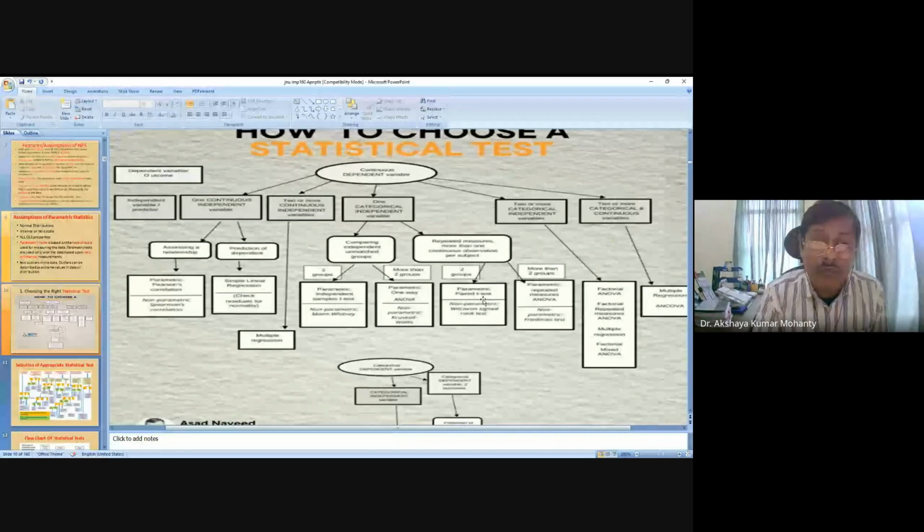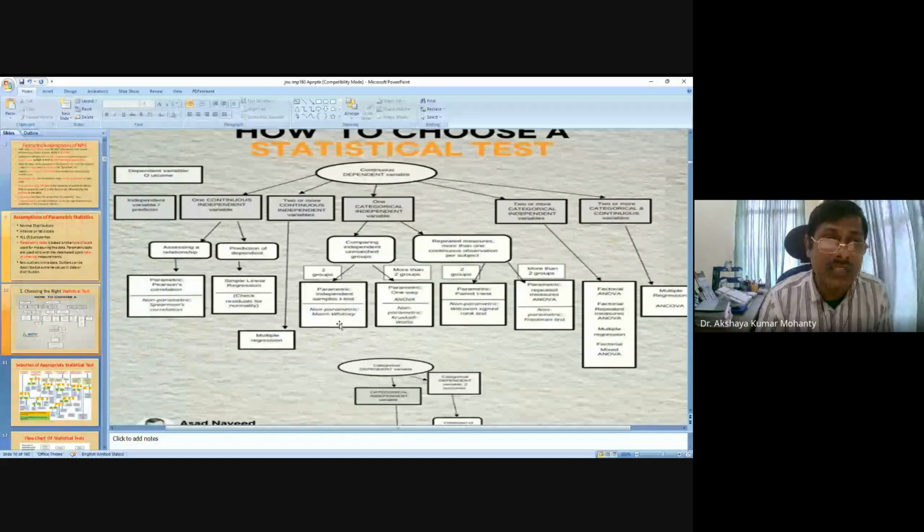So now if the data is not normally distributed, definitely you have to choose the non-parametric test. Under that non-parametric test, you have to use the Wilcoxon signed rank test here, not the Mann-Whitney test, because the Mann-Whitney test will be utilized only when there are unmatched groups. Be careful.